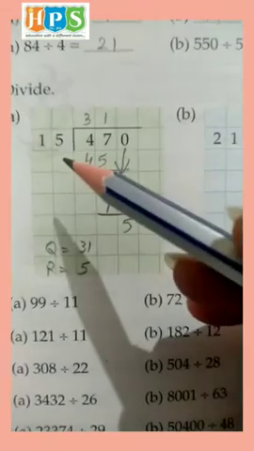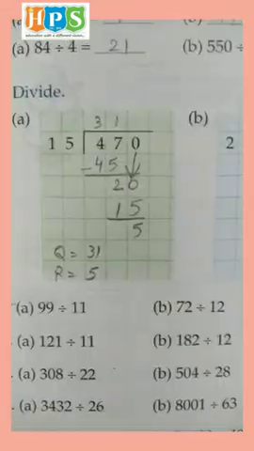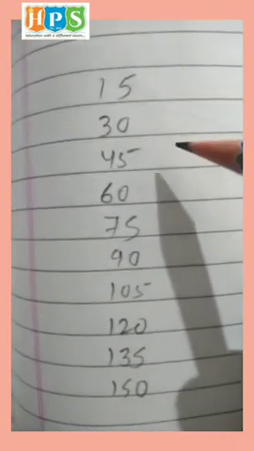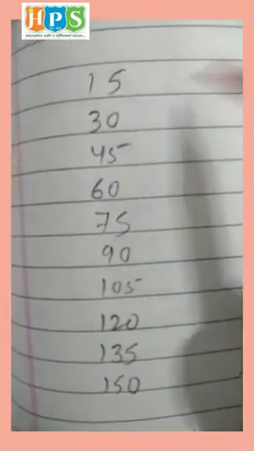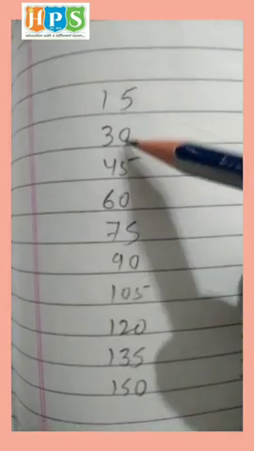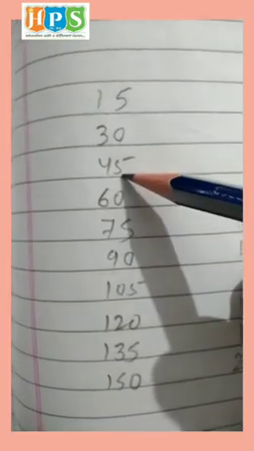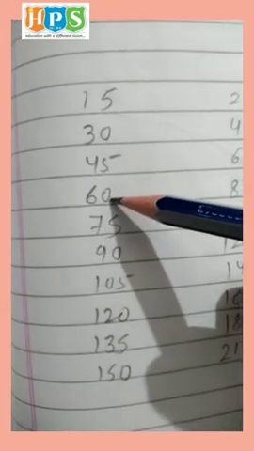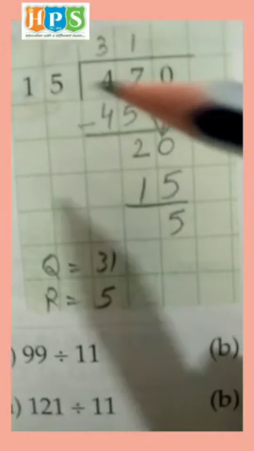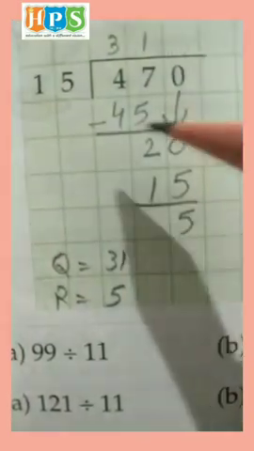470 divide 15. We need the table of 15. This is the table of 15. 15 1 is 15, 15 2 is 30, 15 3 is 45 and 15 4 is 60. Then 45 is the largest number close to 47. 15 3 is 45.